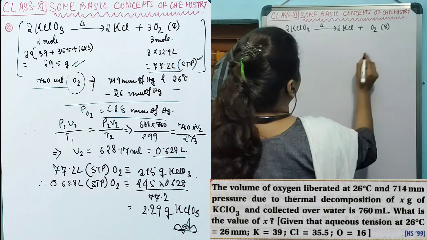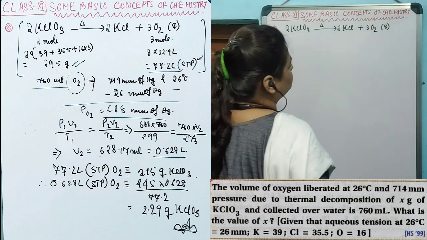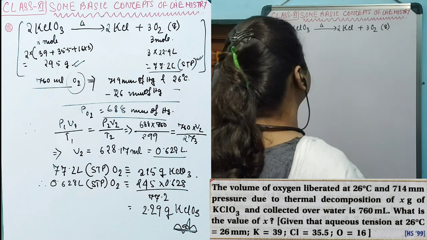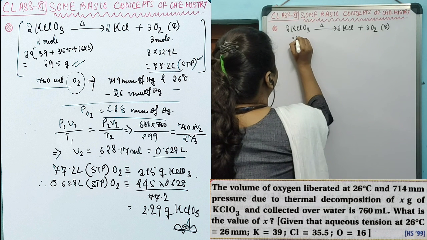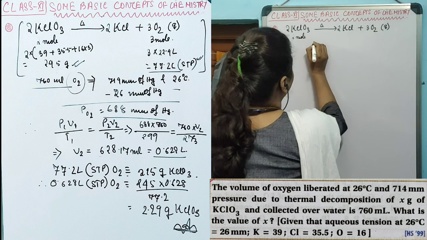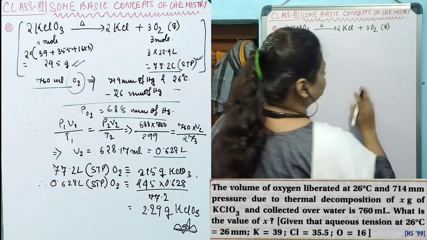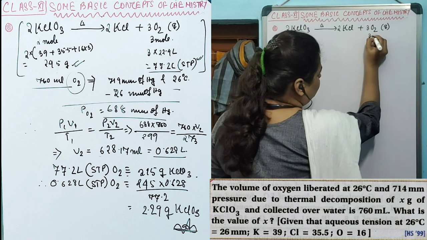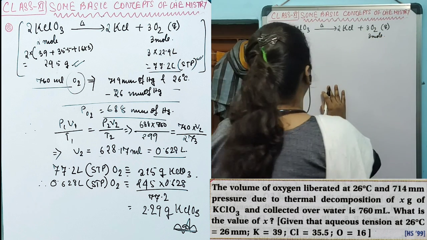And to balance oxygen, we are going to multiply the O2 with 3. Now, this is the balanced chemical equation, which is saying that 2 mole of KClO3 is decomposed to produce 3 mole of O2.